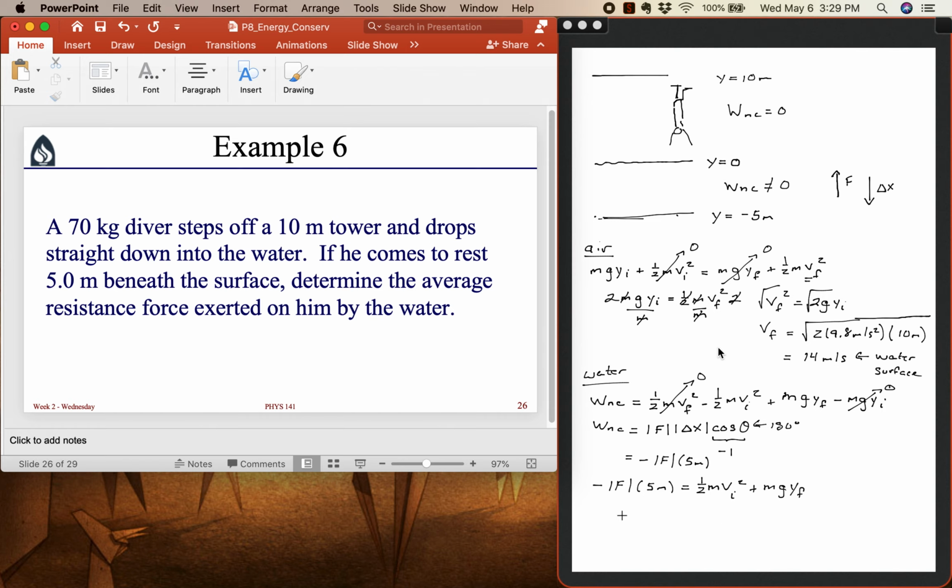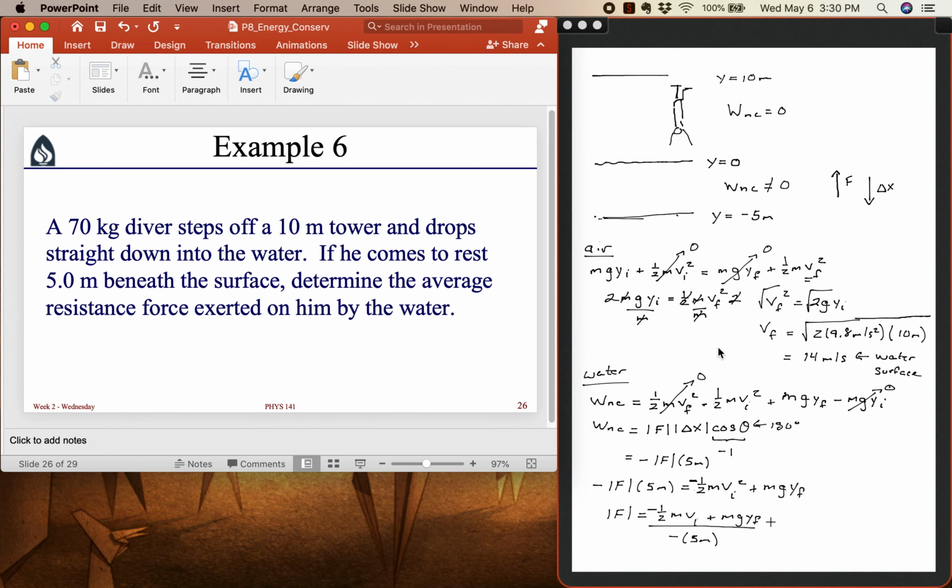So the amount of force is going to be equal to 1/2 m v initial. Oh, there should be a minus sign here. Yes, I should carry this minus sign down. So this is minus here, and this is minus, plus m g y final, and then all of this gets divided by minus 5 meters.